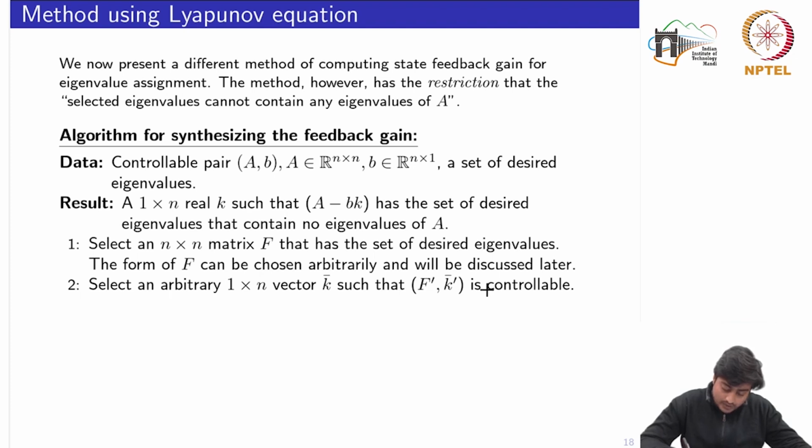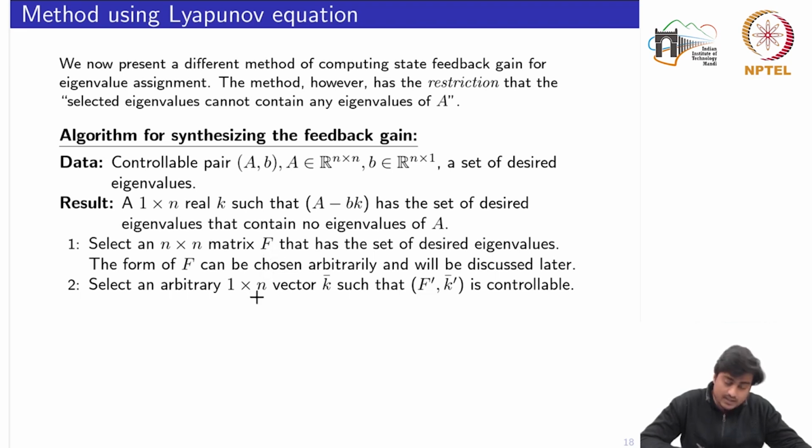Now if you recall, in the last algorithm, based on the information of the coefficients of the characteristic polynomial of the A matrix and of the set of desired eigenvalues, we pre-specified this k bar. Now here we have some freedom: once we have a set of desired eigenvalues, first of all the form of F matrix could be anything such that it has those eigenvalues.